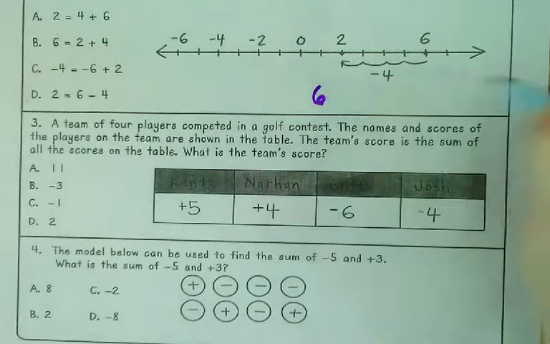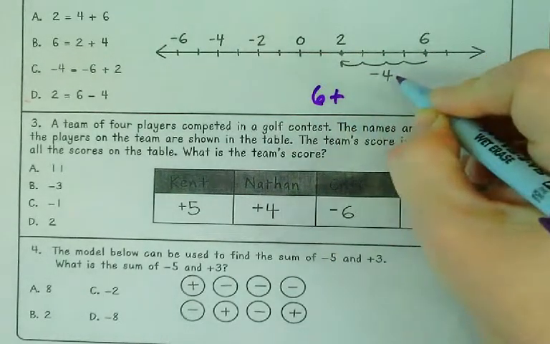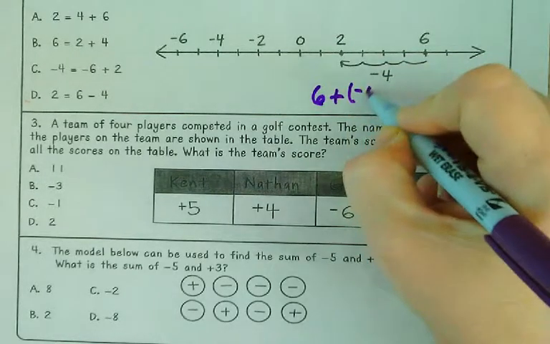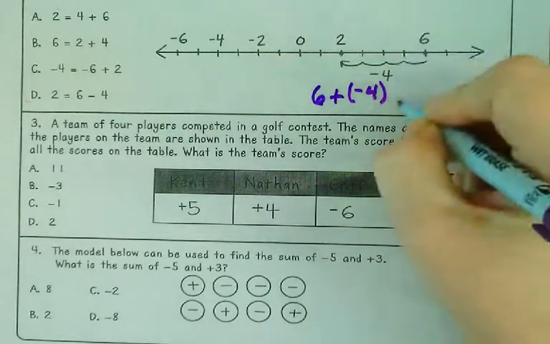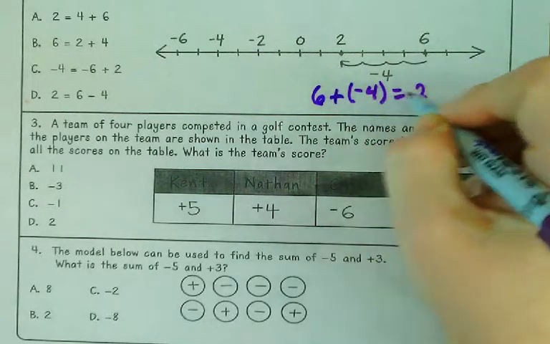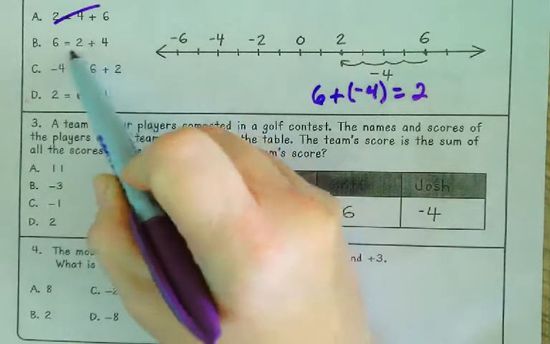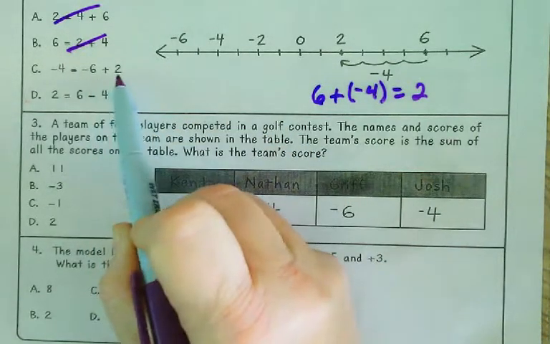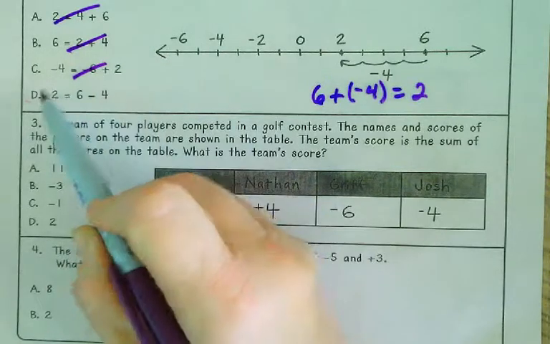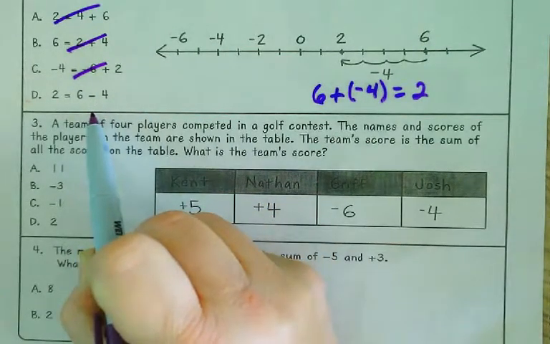So we're looking for 6 plus negative 4 equals 2. Well, that's not it. And that's not it. And that's not it. So, is that it? Yes, thank you very much for that person who said it's plus a negative because you change it. There you go. D.